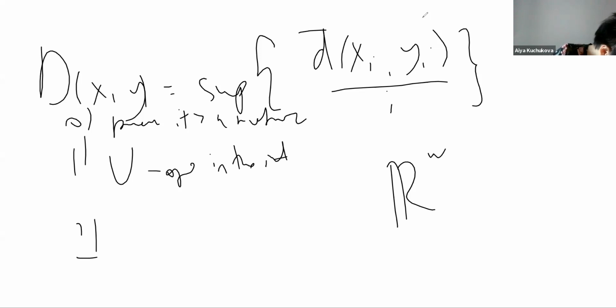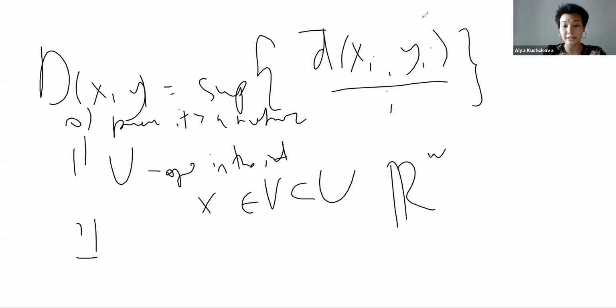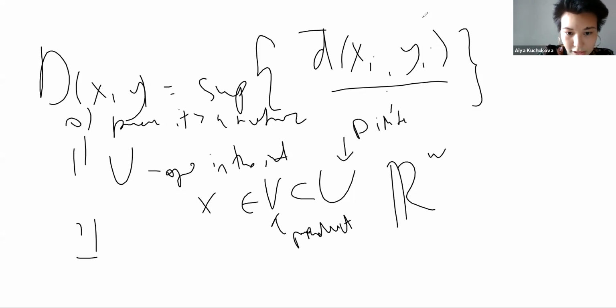And then we wanted to show that the product topology is finer than the topology induced by D. So we wanted to show that if x is in U, there exists some V which contains x and lies inside of U, and this V would be from the product topology and this U is from the D-induced topology. That makes sense so far, right? Okay, great. And that's what we're doing. We just had to do it in a little bit of an ugly way, but basically it's not that bad.